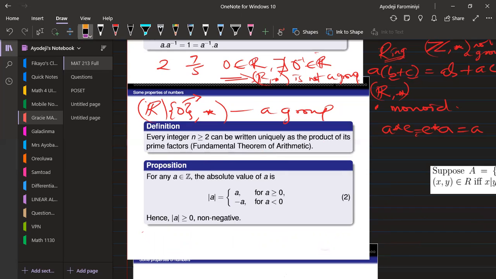Okay, sir. Then 1 minute. So, absolute value. This is not the first time you are coming across absolute value, or is it? No, sir. Okay, so we already know what absolute value is.